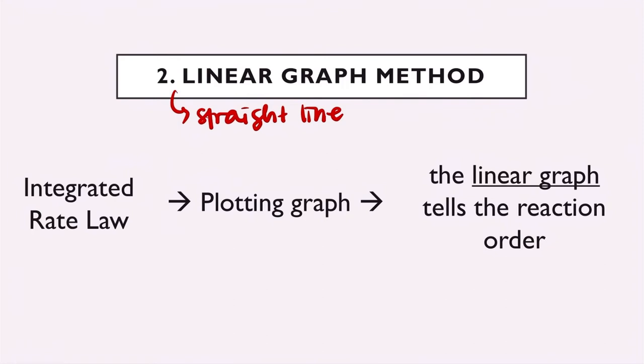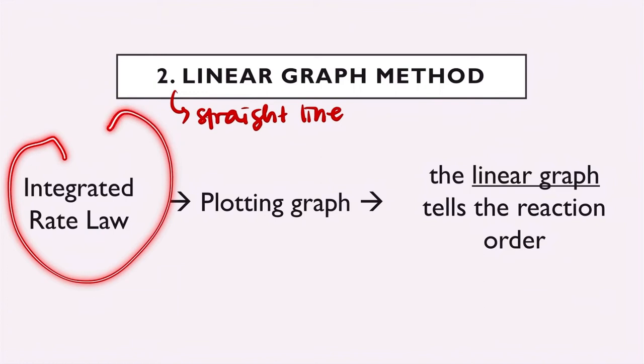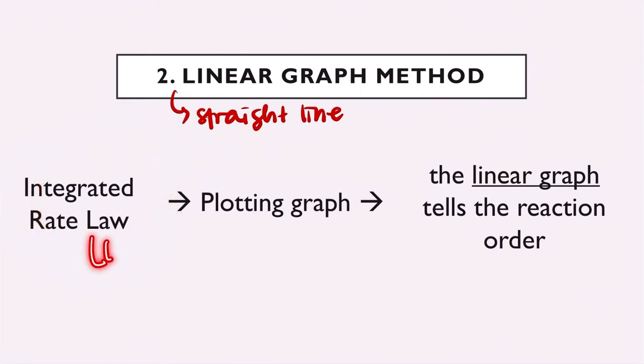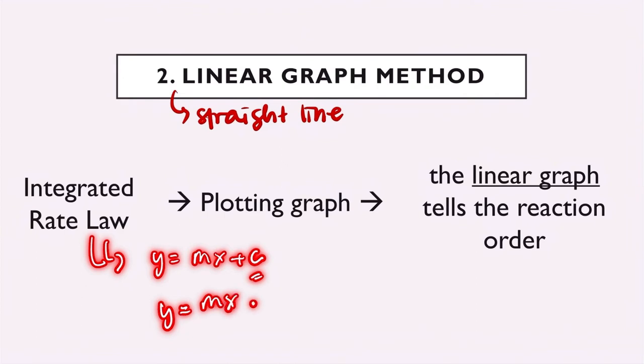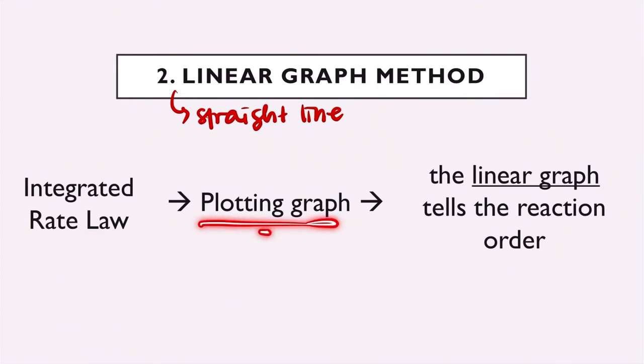The next method, second method, is linear graph method. So linear maksudnya straight line. So basically you are just gonna use your integrated rate law. From there you are going to plot your graph. So maksudnya ni awak kena equate to y equals to mx plus c if any, or y equals to mx. And then awak plot awak punya graph. You will be given the concentration of your reactant and time.